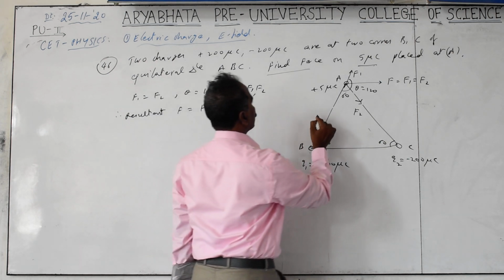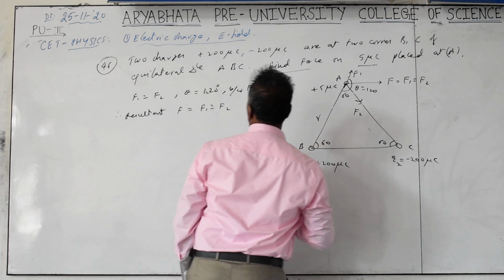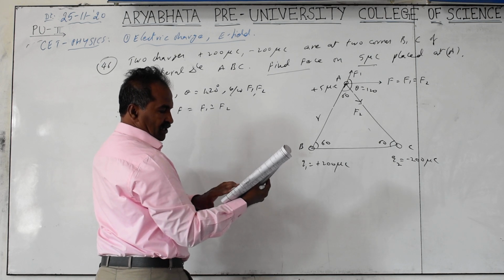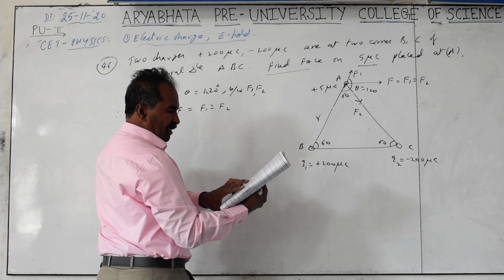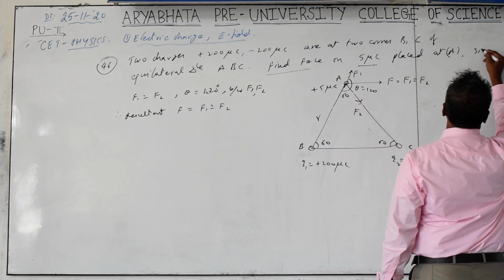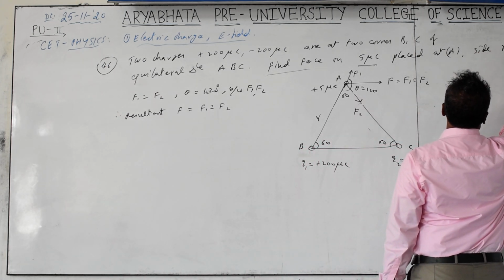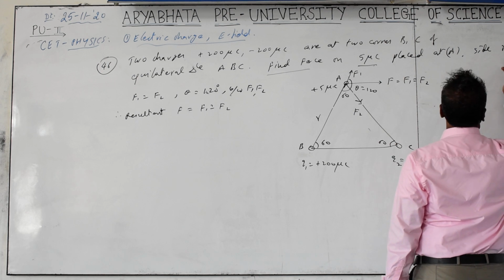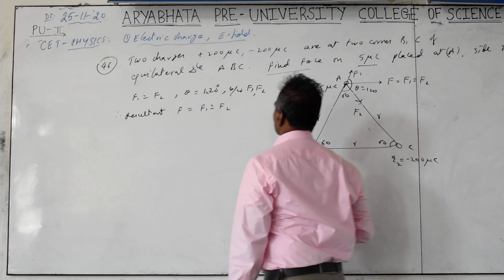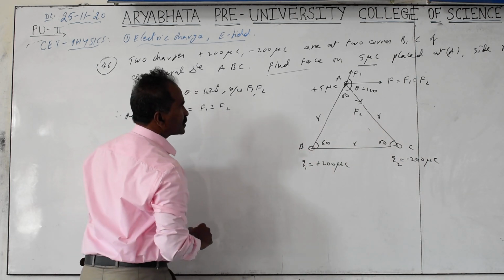R is given; the side length is mentioned as 0.1 meters. You can take it as L or A or R. R equals 0.1 meters.